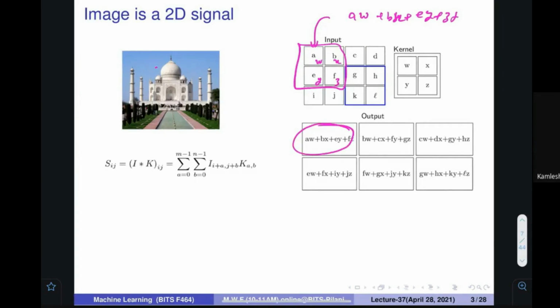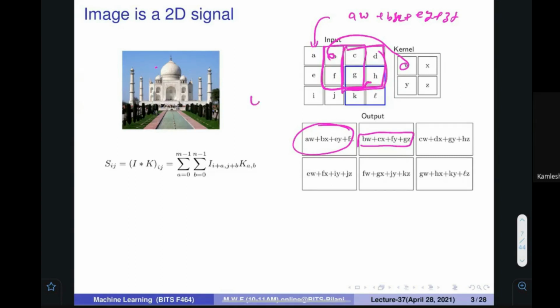What should be the next value? What is the value at the adjacent place? Again, you can apply the same thing. You put the kernel over here. You see that w multiplied by b and c multiplied by x and f multiplied by a and g multiplied by z. Then you can put it here, but after three places you cannot put.